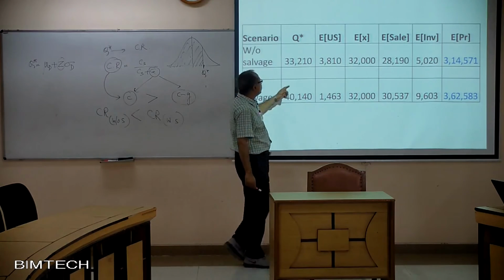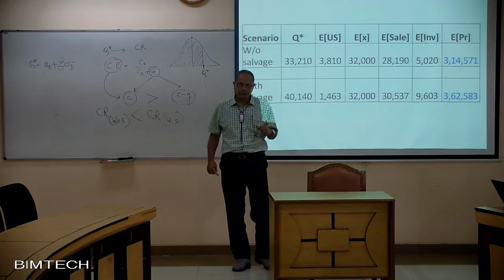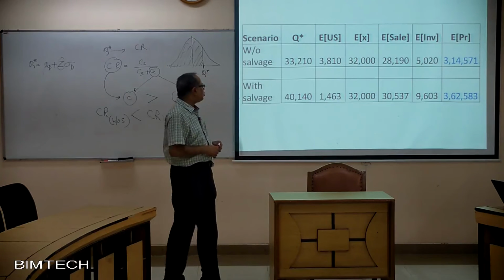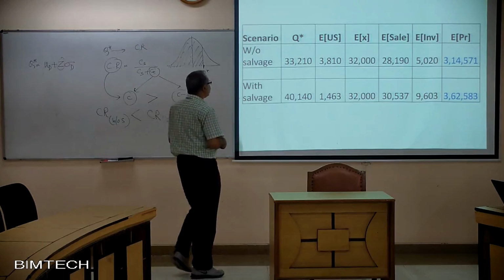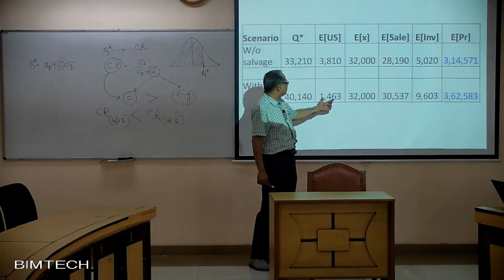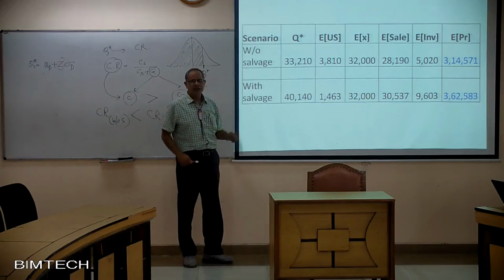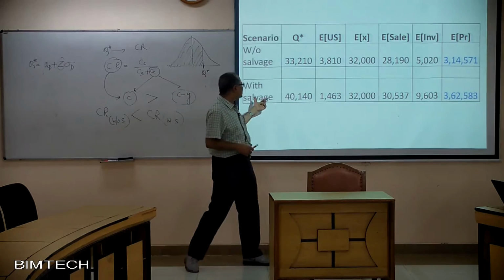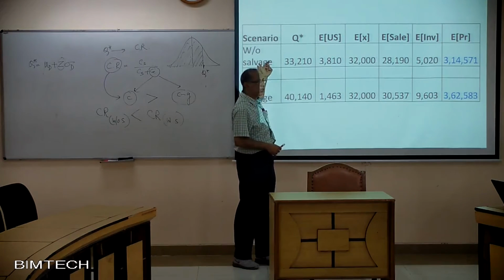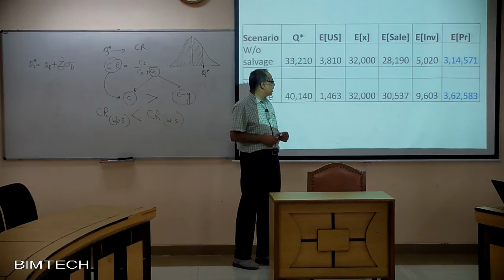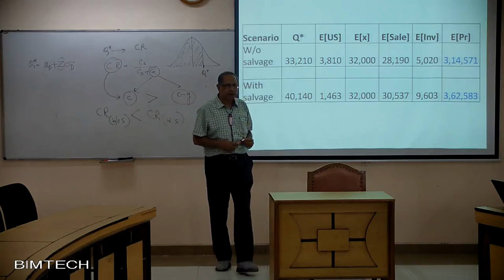Okay. Now let us come to expected unit short. In the expected unit short, we find that we have much less expected units short as compared to without salvage. Okay. Now, why is that happening?